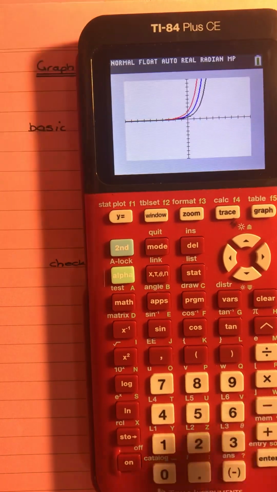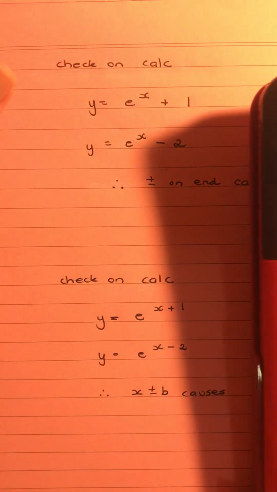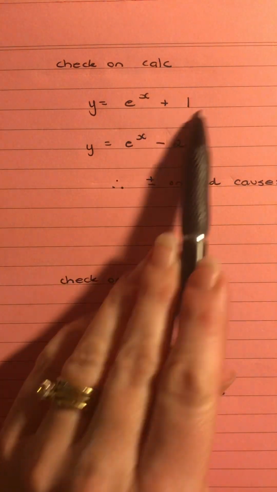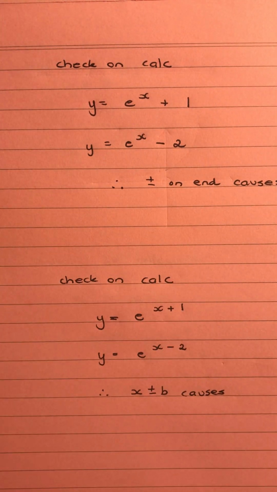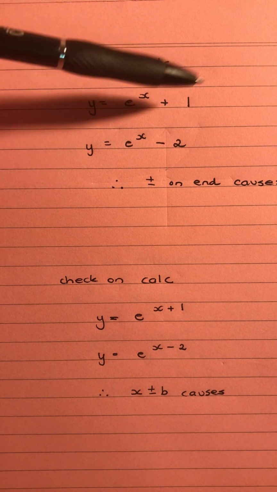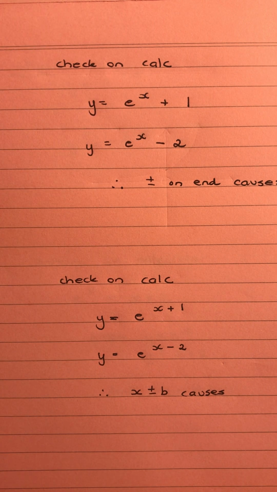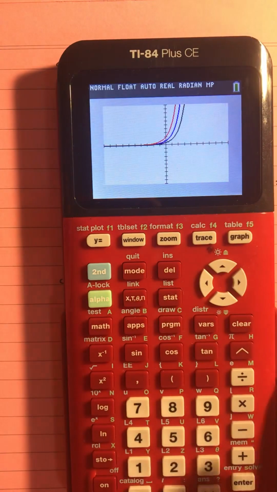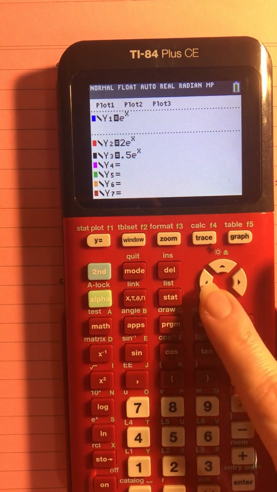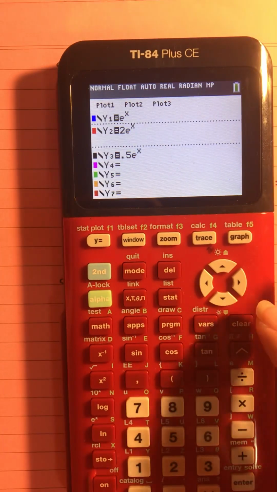The next comparison I wanted to look at is if we put a number on the end. Now, hopefully you've got some memory of when you did your transformations of quadratics, that when we did a +1 or a minus, we were getting a vertical shift. The same with our trig functions. So I'm going to leave my e to the x there.